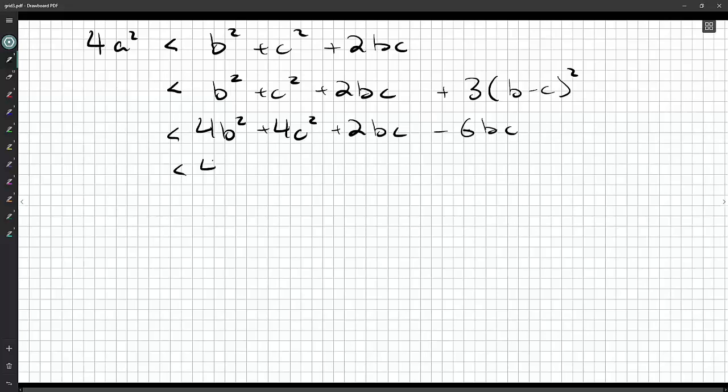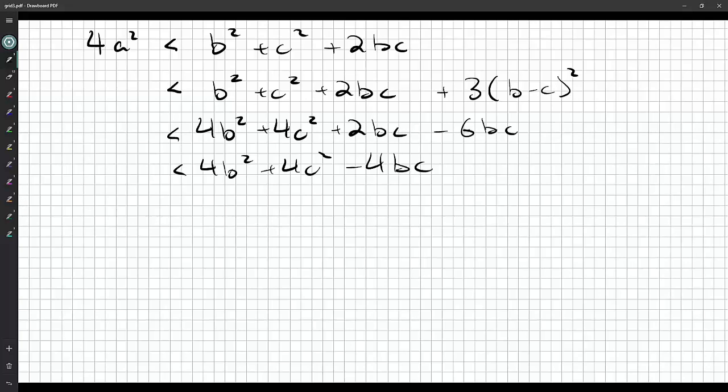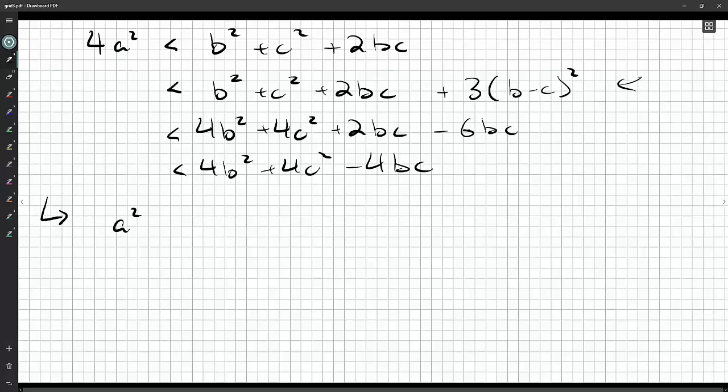So that would be 4b squared plus 4c squared minus 4, there it is. Spent too much time trying to add inequalities. I should have just been adding on a square at the end the entire time. Okay, fine, fair enough. Dividing by 4, we get a squared is less than b squared plus c squared minus bc.